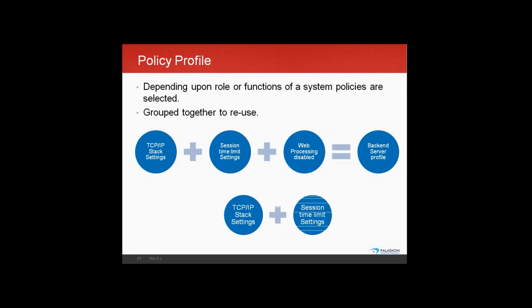Whereas the TCP/IP stack settings and the session time limit settings, I will group under a web server profile, and I will run it against the web server, because these are the primary things which I would like to see.